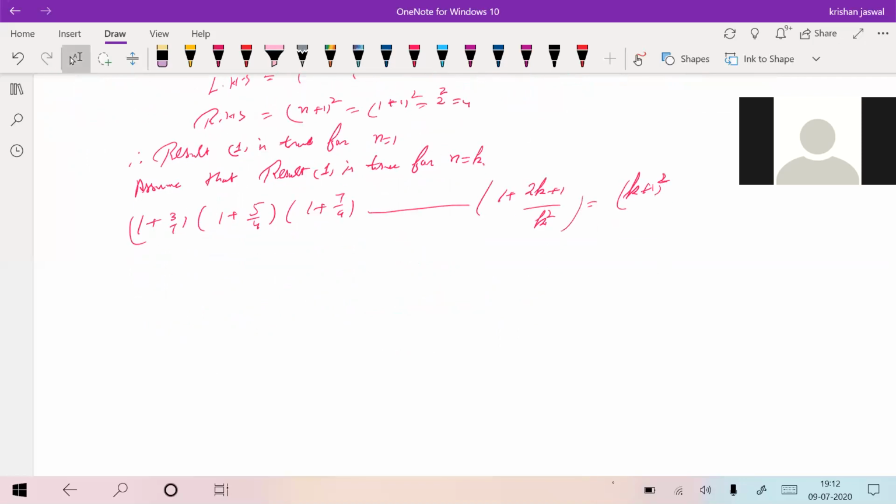Now what will we add or multiply? The terms are multiplied by each other, so we will multiply the next term. What is that term?